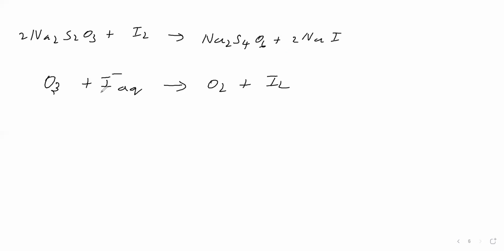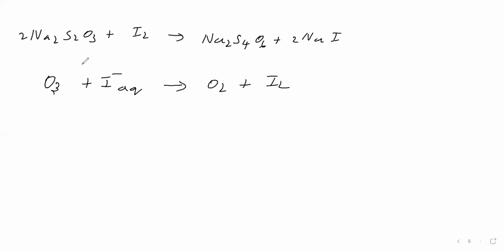You take potassium iodide solution, pass ozone gas, you will get iodine. How much iodine we got, that you titrate with hypo. So from the number of moles of hypo, we can say number of moles of iodine. From the number of moles of iodine, we can say number of moles of ozone. This is called iodometry. Like this, we can say. Now we can estimate ozone, we can say.